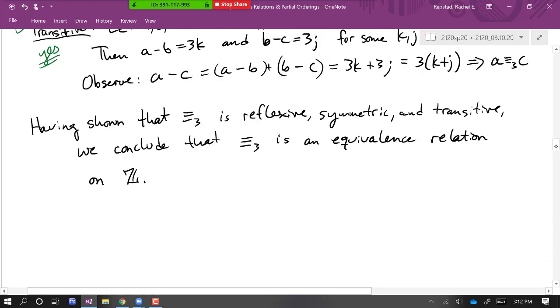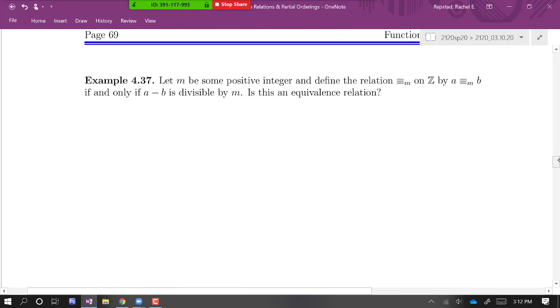So, we're just going to kind of sketch out the argument. We don't have to write the full, complete arguments for this part, only because I think right now we have an idea of how it's going to go. Let m be any positive integer, and we're going to define a relation.